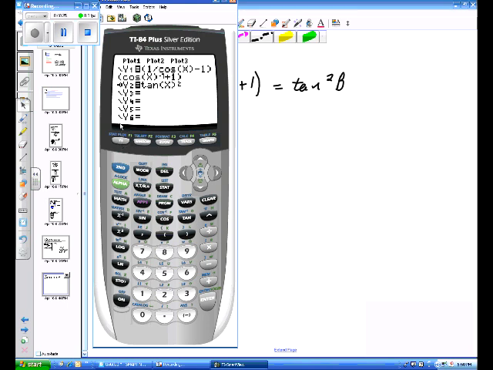If I go back to the y, that y sub 2, and we go back out here, and I go through and I change it to be the original, which is what that one was. I went too far. Okay, then I graph.